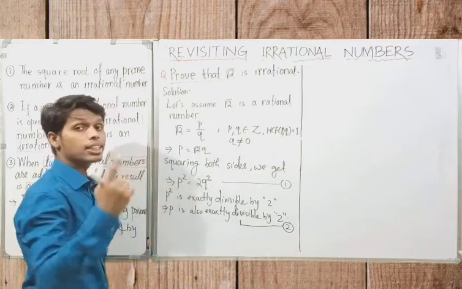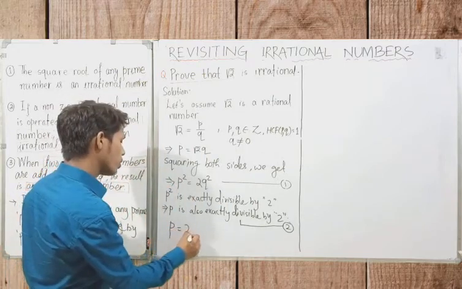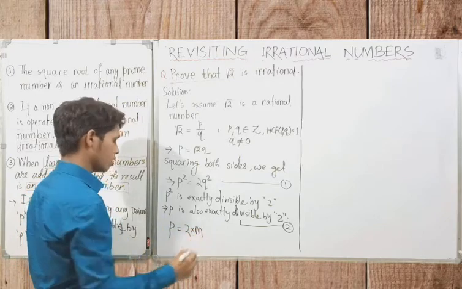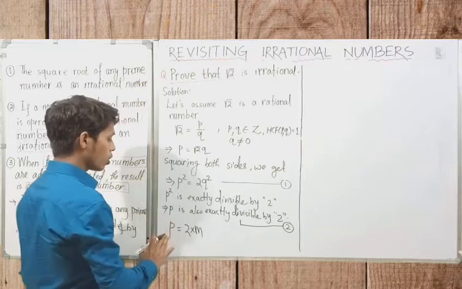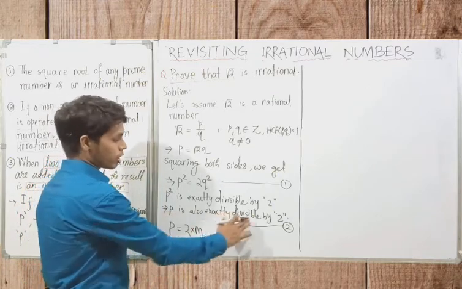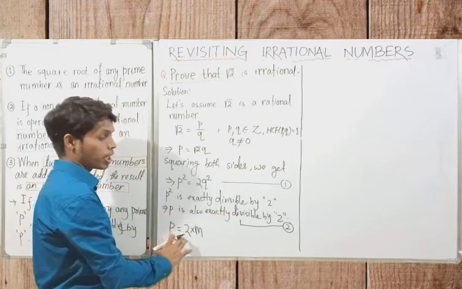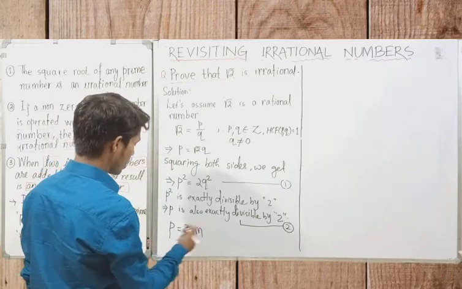So if p is exactly divisible by 2, p can be written as 2 into any integer. We don't know the value of p, so m can be any integer. So we wrote p equal to 2m. As here we got 2 is a factor of p, we can write p equal to 2 into some integer m.